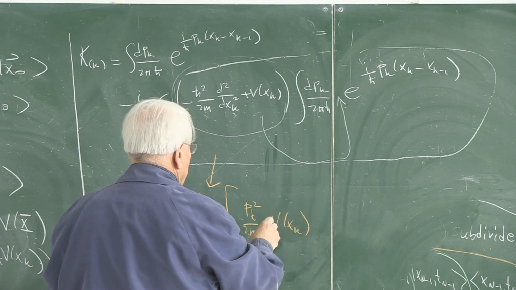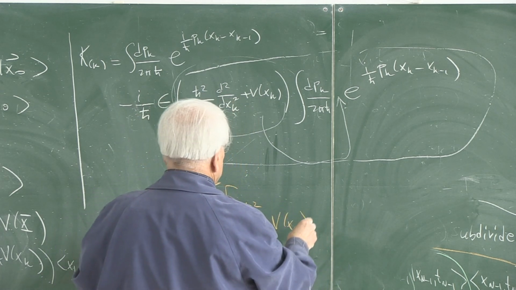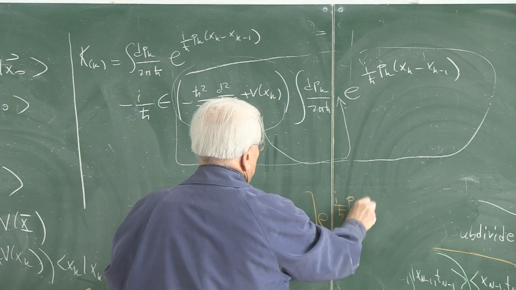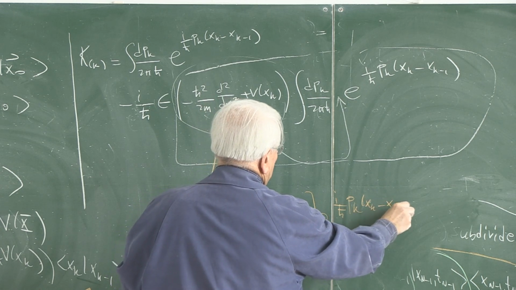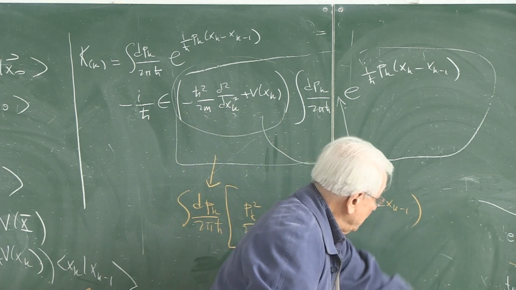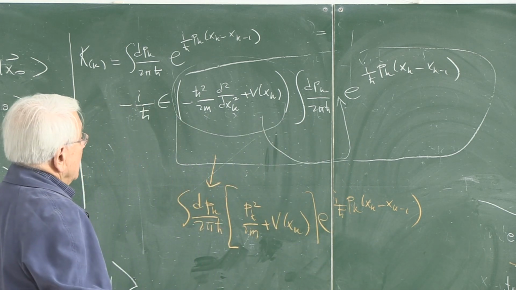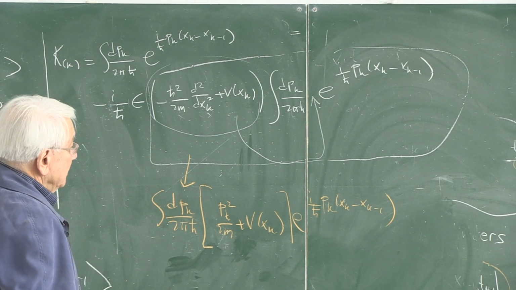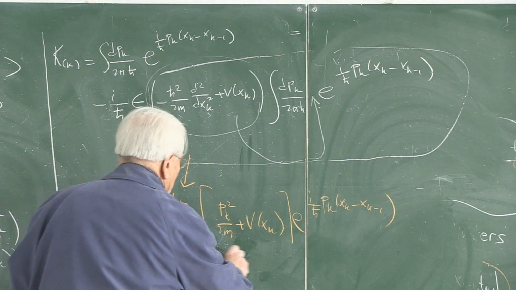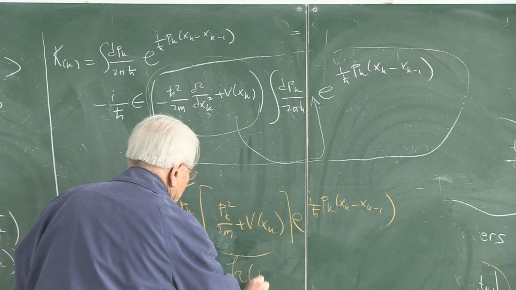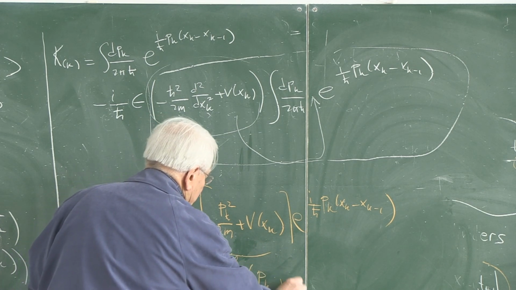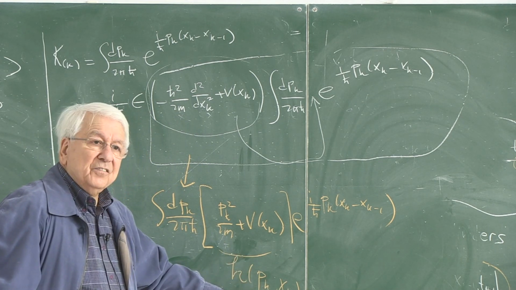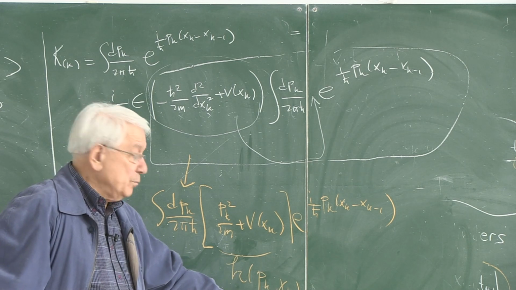You may say, is it amazing? This is really amazing, isn't it? Times, in front, i over h bar epsilon. It's this thing there. What is this? Now I will denote this as H of pk, xk. This is a Hamiltonian, a C-number Hamiltonian, with p as the C-number pk and x as the C-number xk.